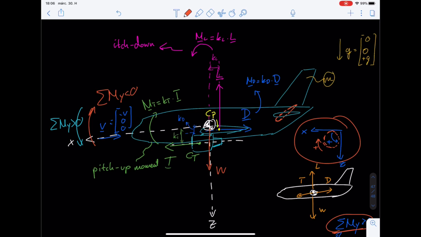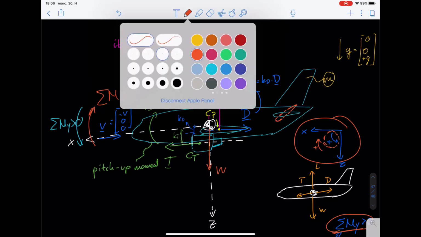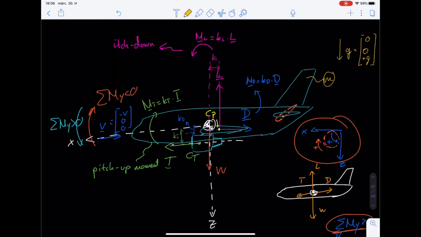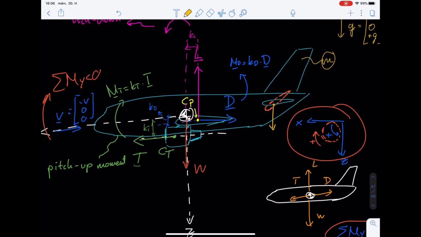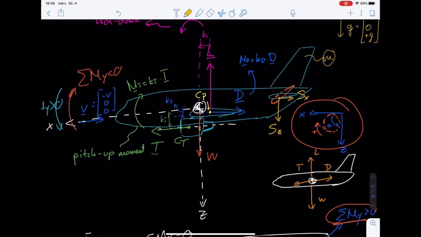In that case, the resultant force which is going to get generated is going to be in the center of pressure of the stabilizer, so I'm going to generate a force. So in the stabilizer, I'm going to generate a force in the z direction, and I'm going to generate a force in the longitudinal direction.